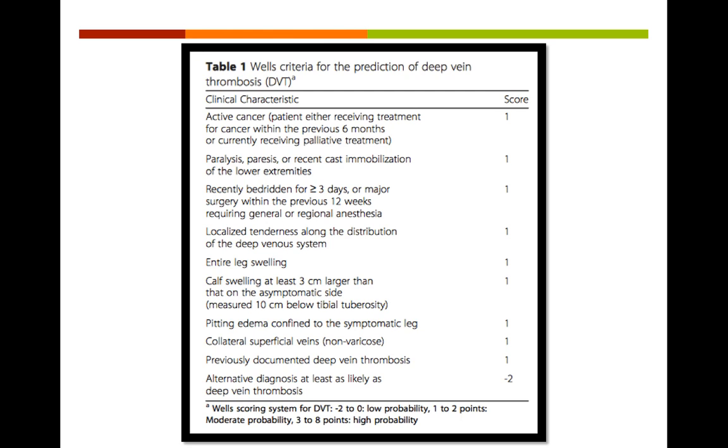And then it also was said that the Wells was able to detect with a 67% sensitivity, meaning they're able to catch 67% of DVTs just with these questions in this survey, which is very high, because like we said, these are mutually exclusive, so a lot of times you're not going to have that high of a number.